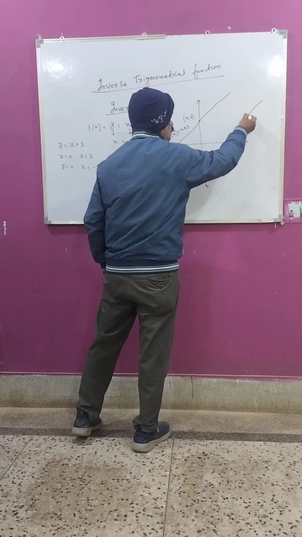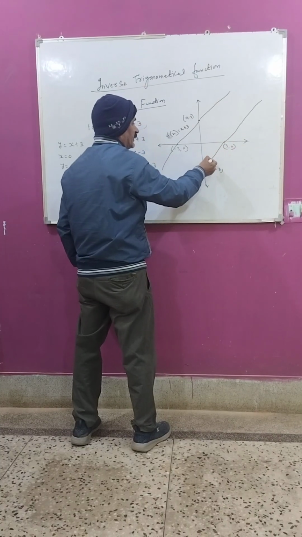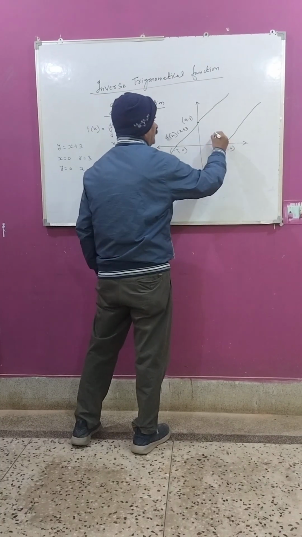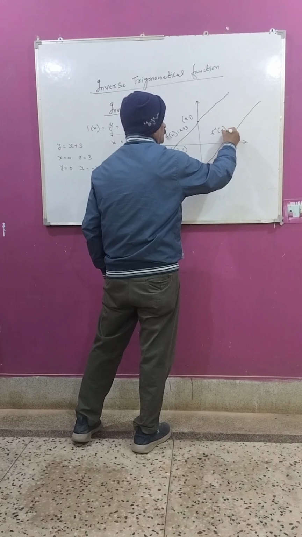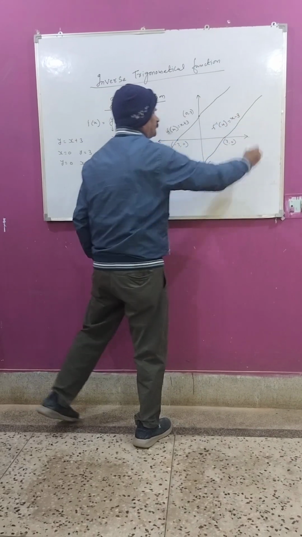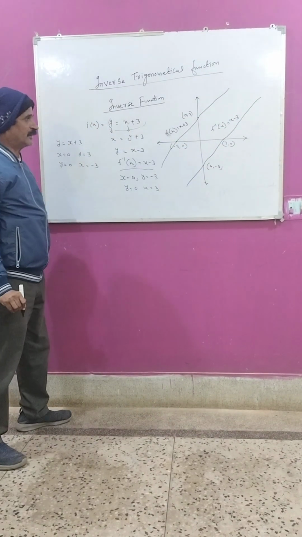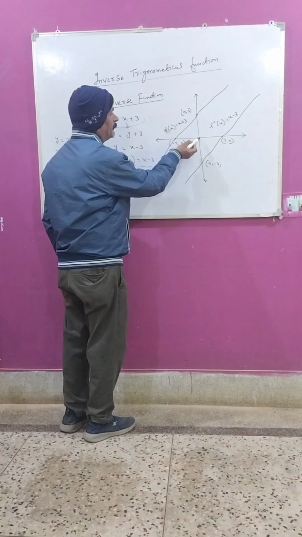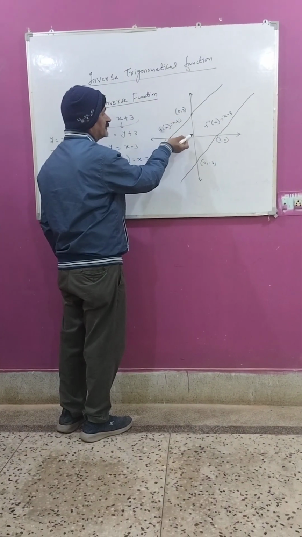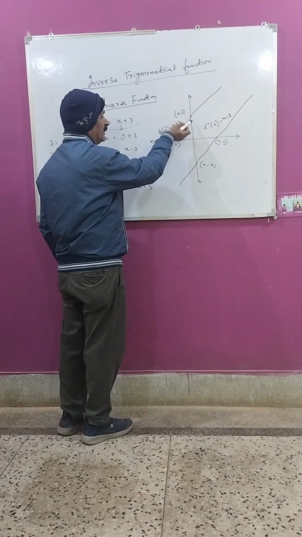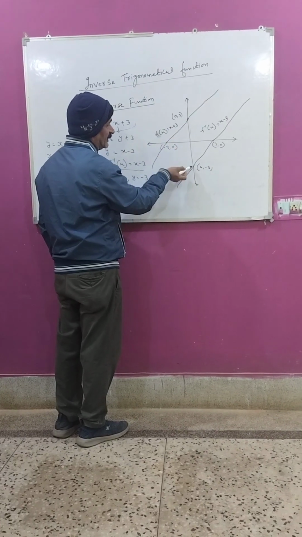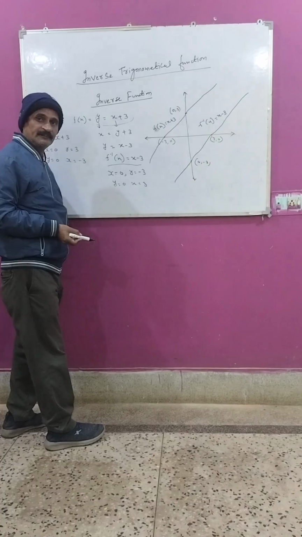If we join these two points, we get the function f inverse x equals x minus 3. So we have seen that the portion at which it cuts the y-axis, at the same portion its inverse cuts the negative y-axis.